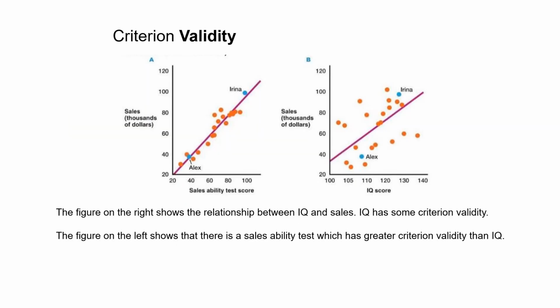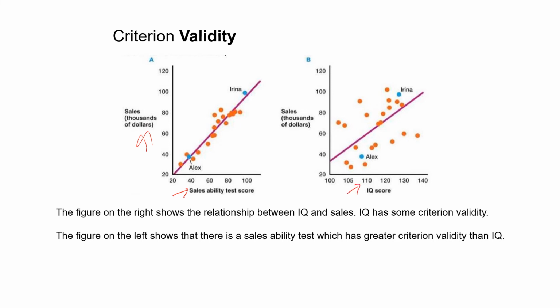So let's look at the criterion validity between sales ability test scores in sales, and IQ in sales. Sales ability test scores over here actually have a very high correlation, so a very high criterion validity, with sales. IQ scores, there's still validity here.